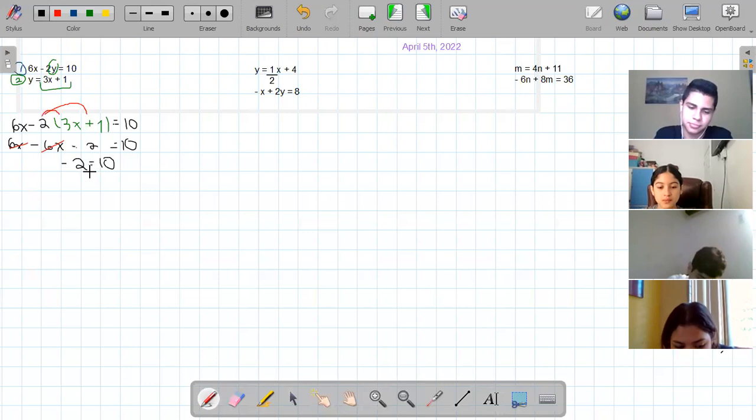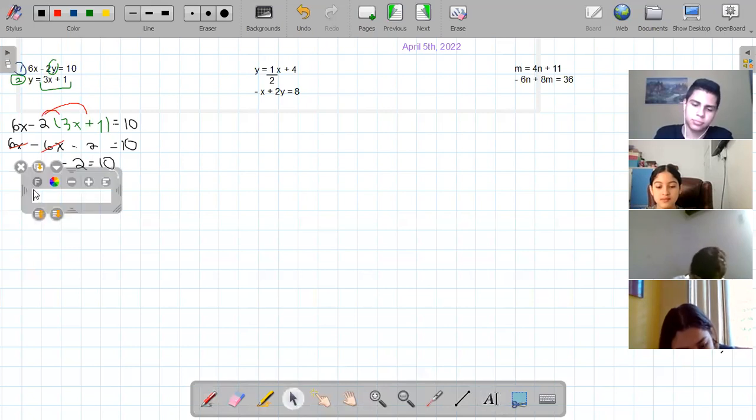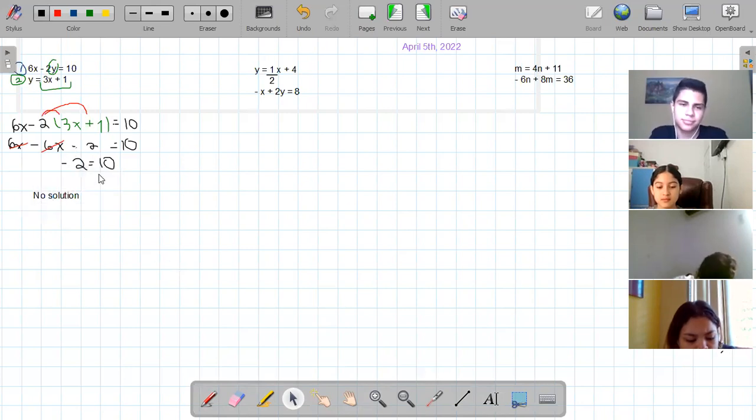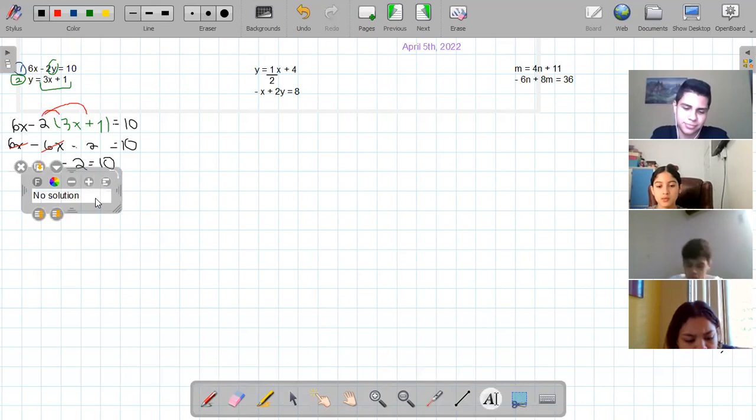Is negative 2 equal to 10? No, it's no solution. Exactly. This is a no solution. So you don't keep doing anything else, but tell me no solution. Okay? You need to say this is no solution. Why? Because negative 2 is not equal to 10. So you place no solution, and then you say negative 2 is not equal to 10.